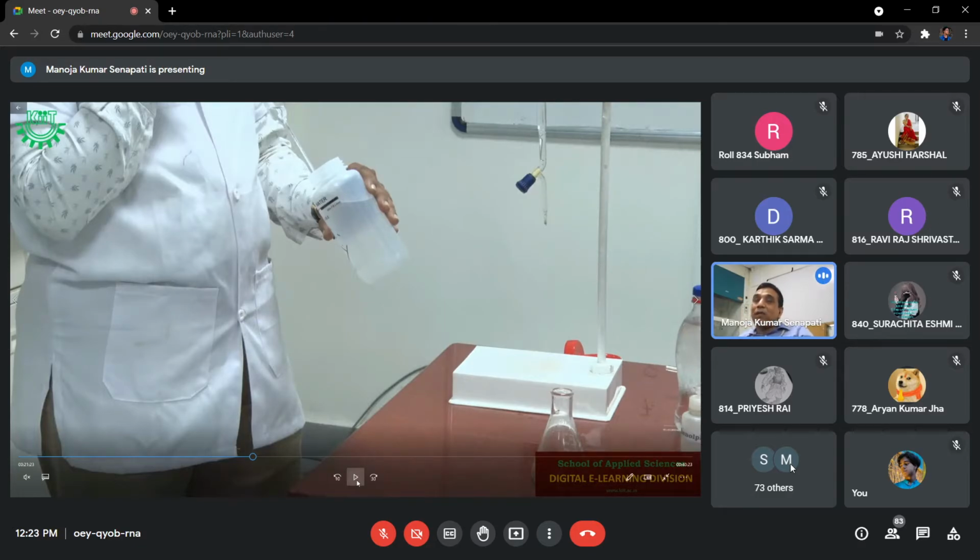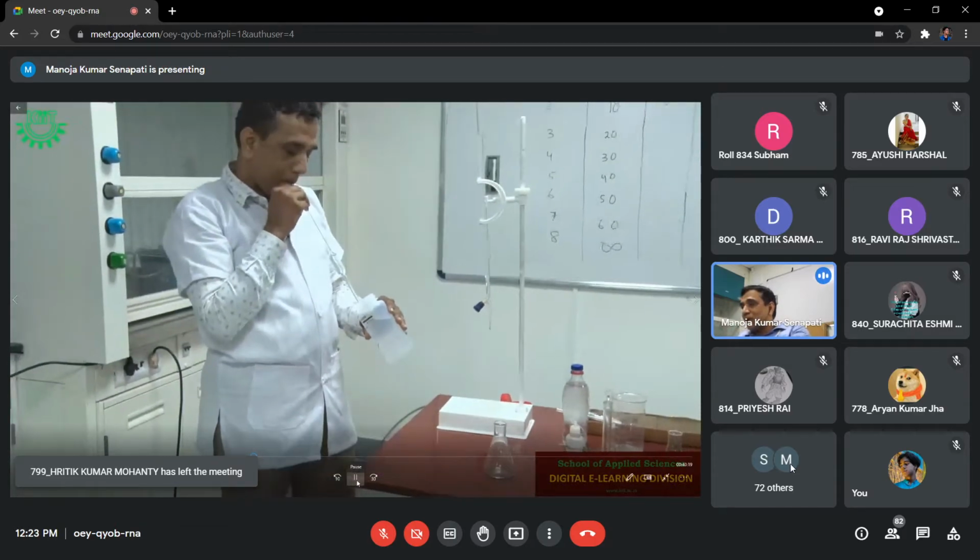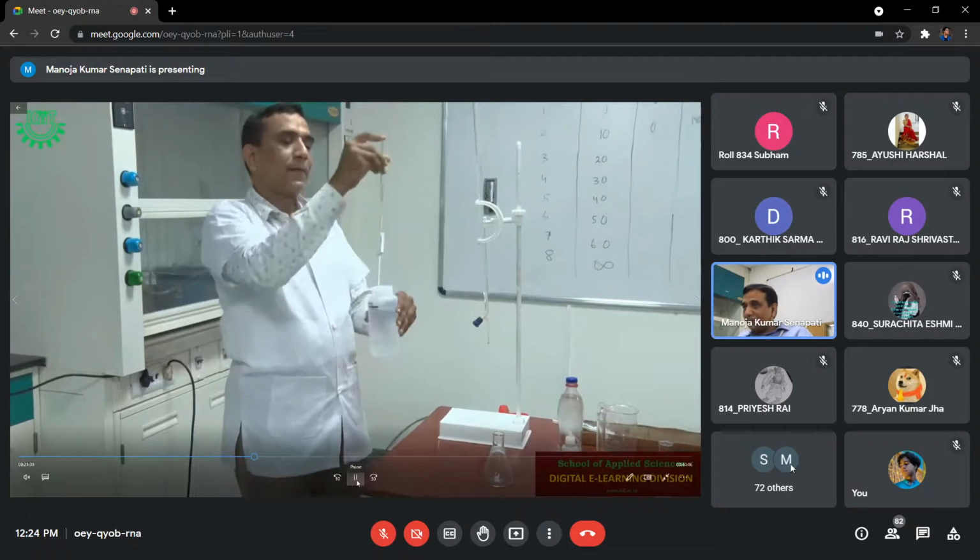Then you have to heat the solution. Why heat it? Because if you heat the solution, the rate of hydrolysis reaction will increase, and the maximum hydrolysis will be completed within 1 hour. So you take normal water and heat the solution.